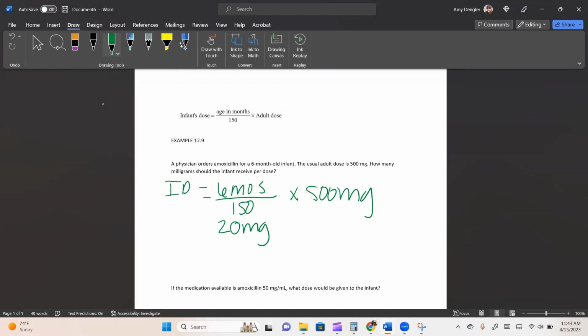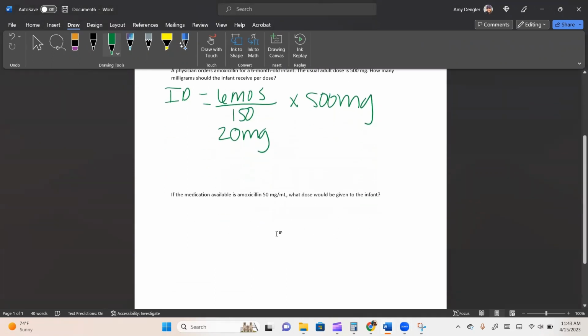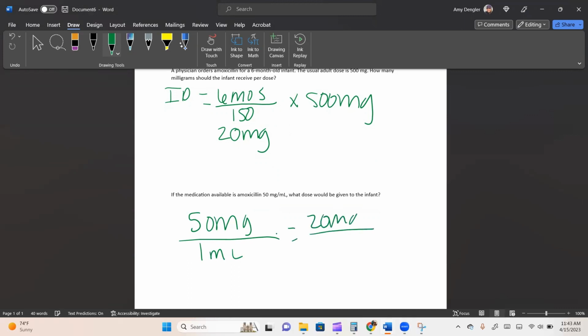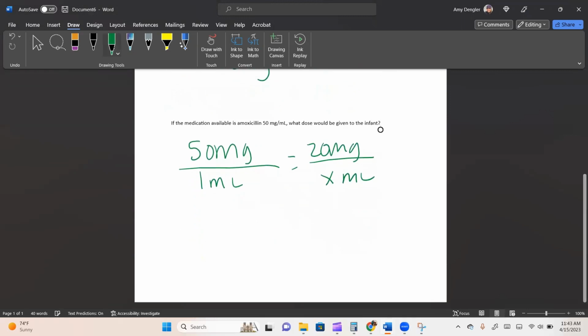So 20 milligrams. And if the medication is 50 milligrams over 1 ml, and then we plug in our 20 milligrams, how many ml? What is the dose to give to the patient?